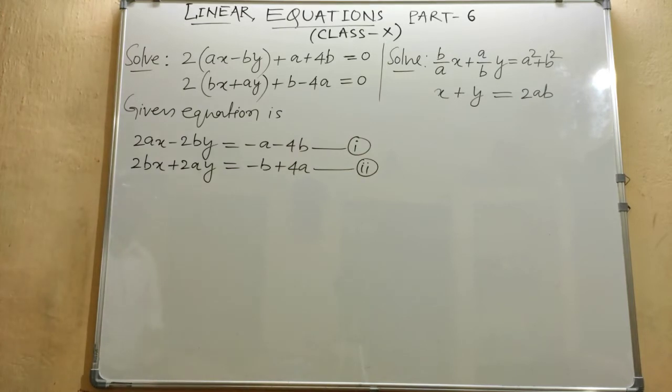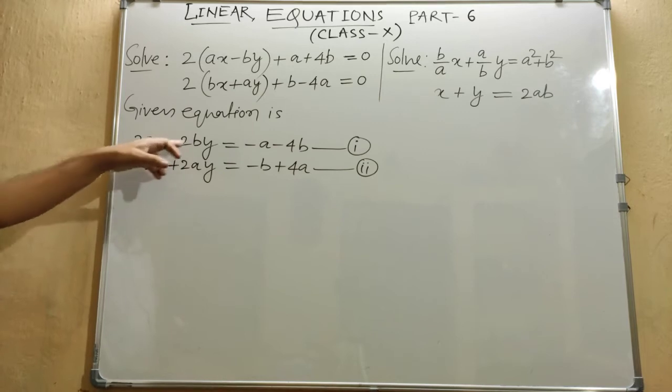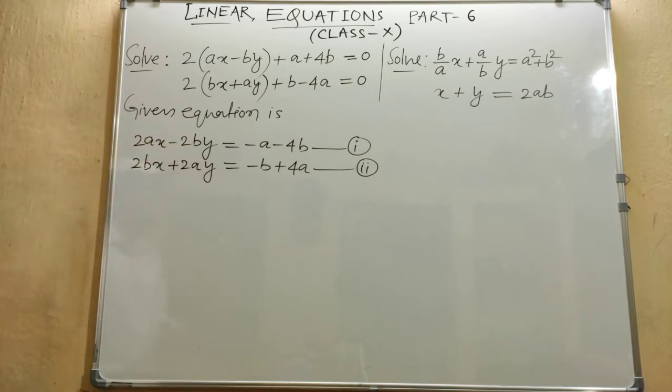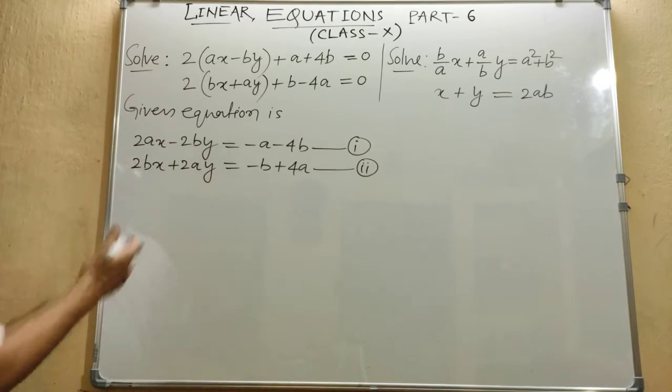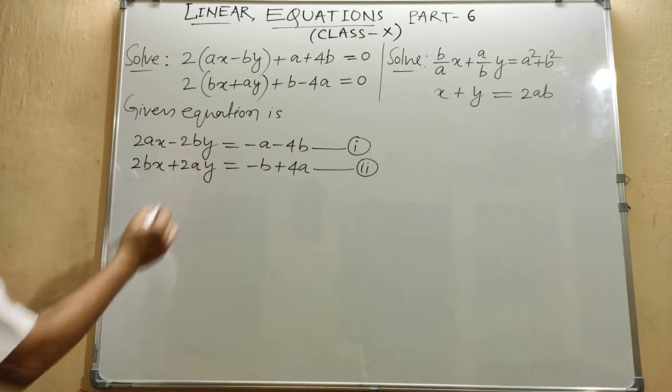Now it will be easier if you solve by equating coefficients, because the coefficients are almost similar. So try to make the coefficients of either a or b the same. See, here it is 2b, here it is 2a. Can you make them the same?